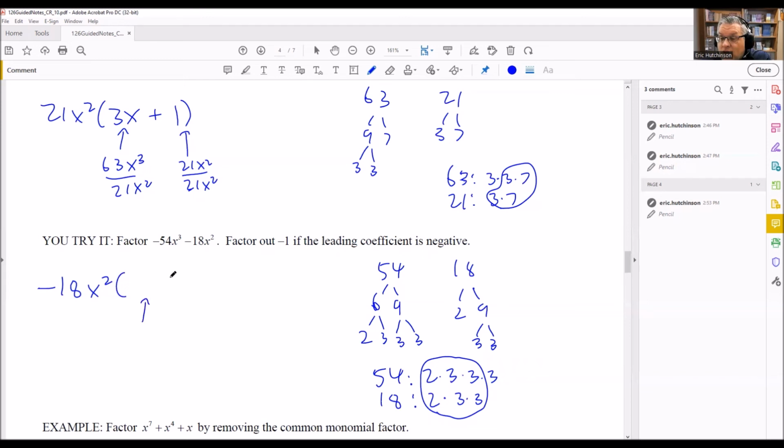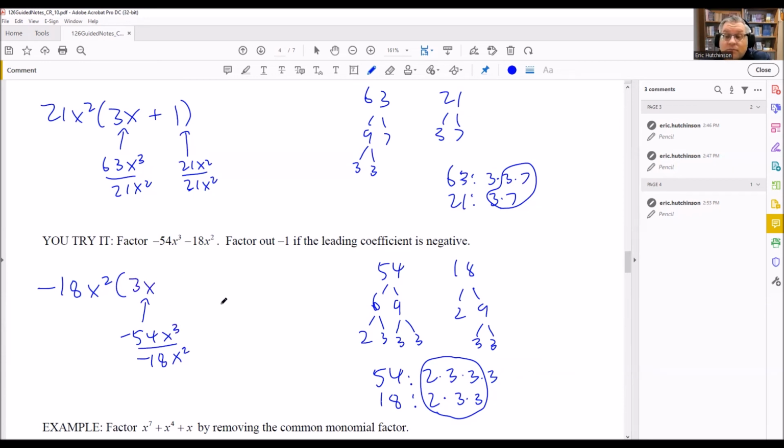What goes inside this parenthesis, we're going to take negative 54x cubed divided by negative 18x squared. So we have negative over negative. That's going to give you a positive. So if you take negative 54 divided by 18, that's going to leave you with a 3. And then x cubed divided by x squared is going to give you an x.